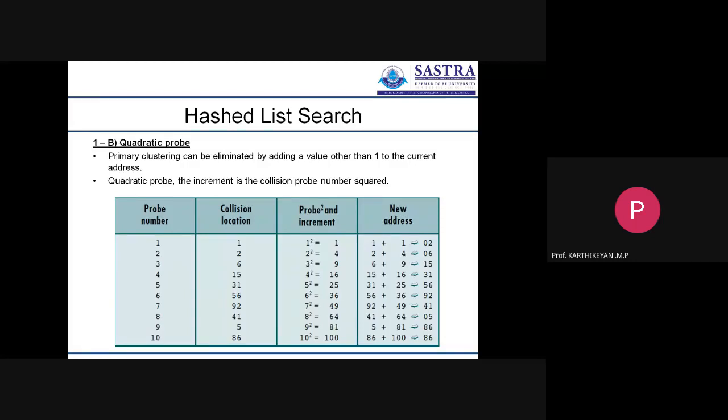So this is probe square and increment. This is quadratic probe. In this way we find the new address location, and if that new address location is free, in that place we store the data. The second method, quadratic probe, is also one of the open addressing methods.